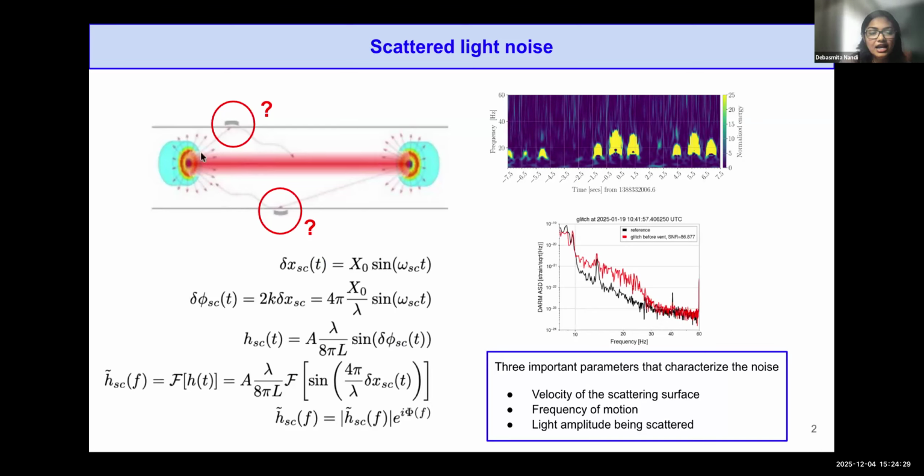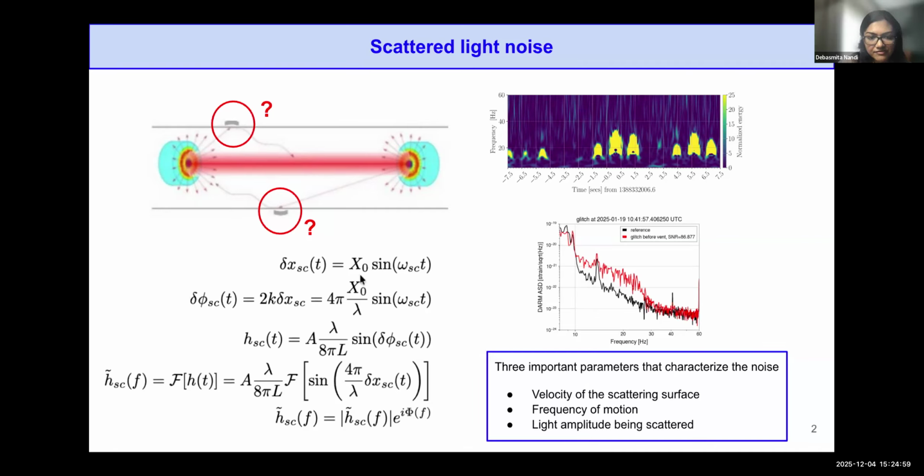If that scattered beam hits another moving surface in the vicinity and gets reflected back and joins the main beam, then because of the motion of this surface, the scattered beam has a different phase than the main beam, and the phase also changes because this surface is moving. Our goal is to find these scattering surfaces which are creating the noise.